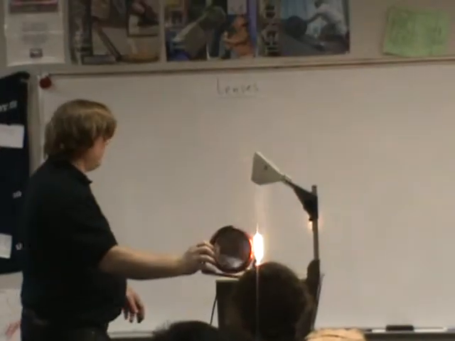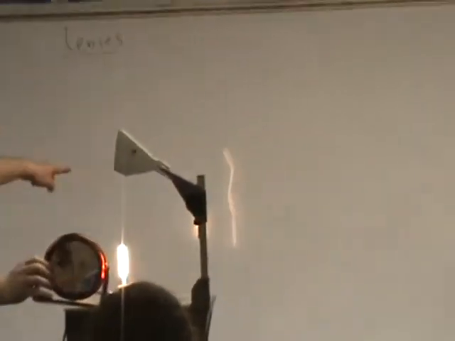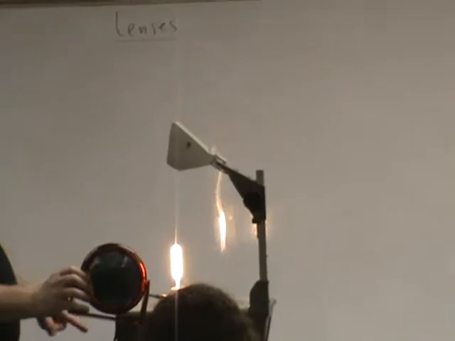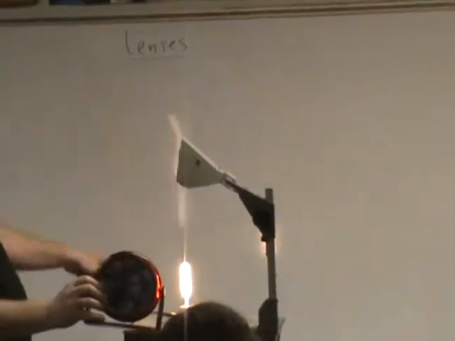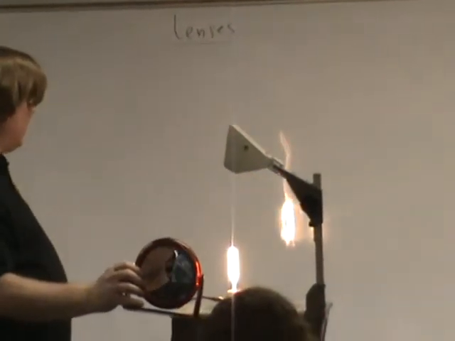Here's my mirror to create the image. Please notice the real image is on that side. The real image is on the same side of the mirror as the object is. See how it goes mirror, object, image. That's what happens when you get a real image with a mirror. Mirror, object, image.